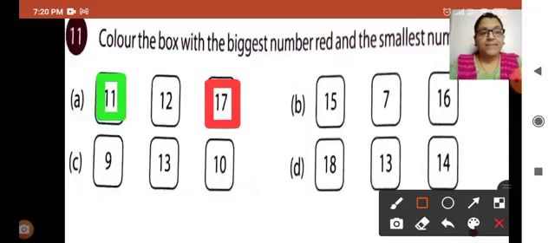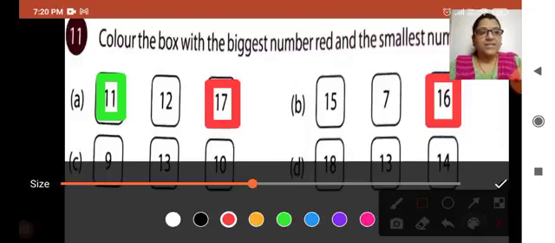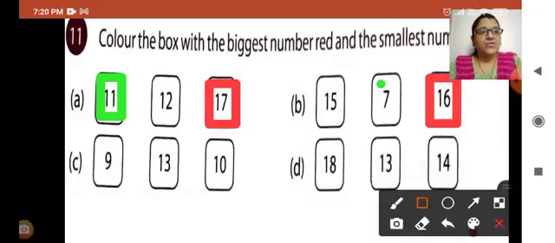Next example B, 15, 7 and 16. When we compare these 3 numbers, children, which is the biggest number? Yes, 16. Hence, we will color 16 with red color. And which is the smallest number? Yes, 7. We'll color 7 with green color.